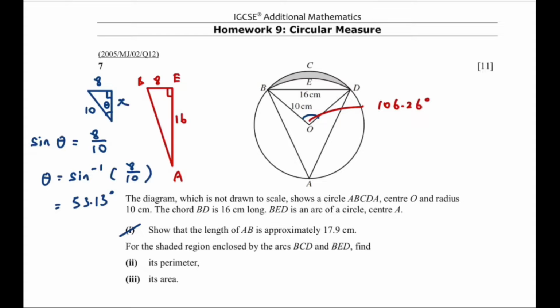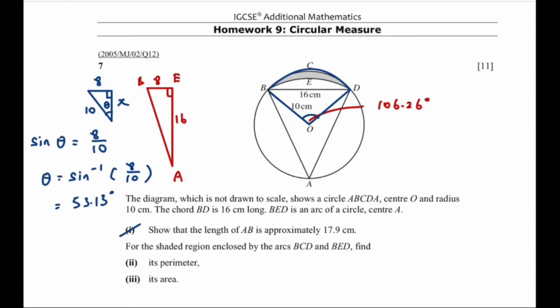First, you have to be clear. For the circle with center O, this is the arc. Let me draw it for you. The arc is not BED. The arc is BCD. Okay, so let's find the arc of BCD. Arc BCD, in degrees, right?